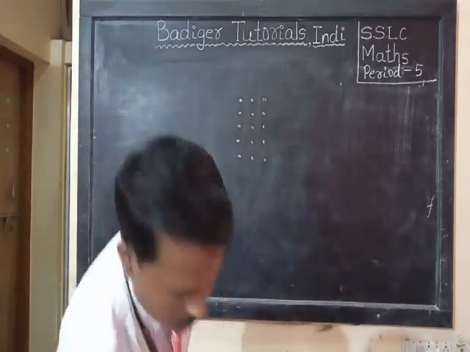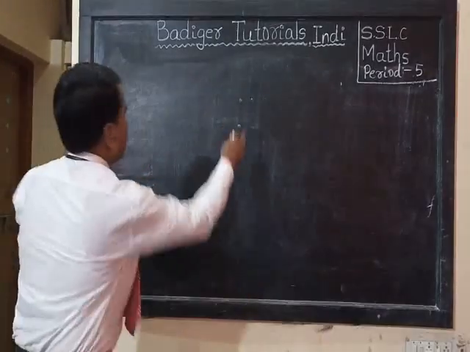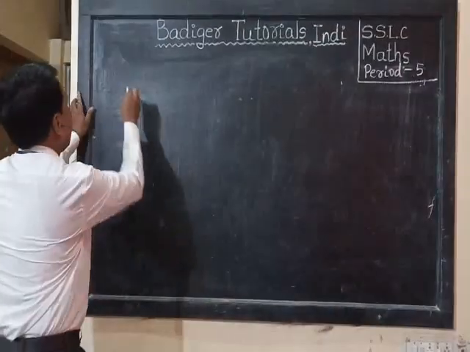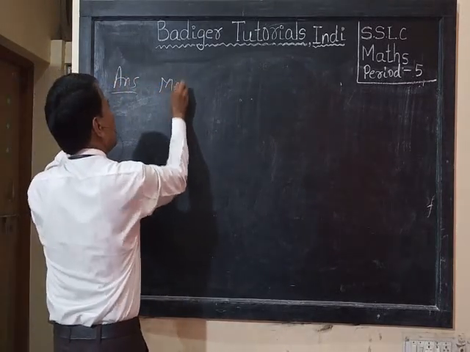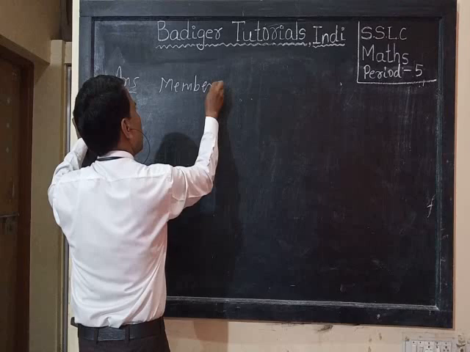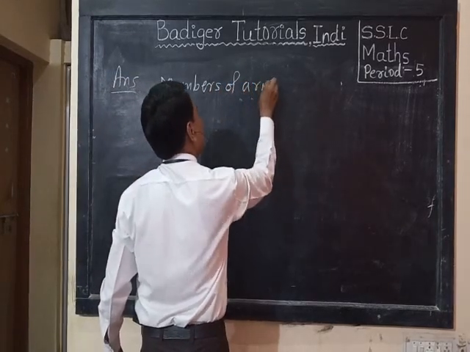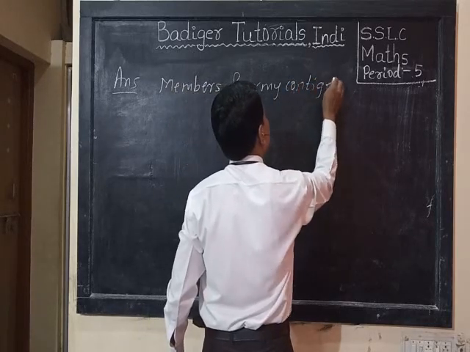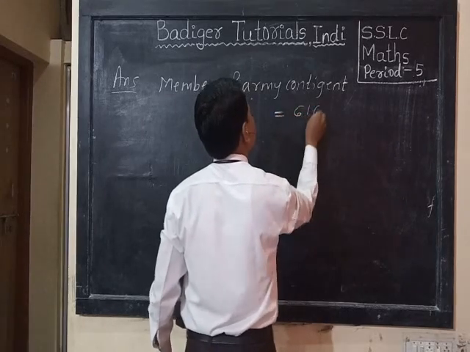Here our question is, the members of the army contingent is 616.